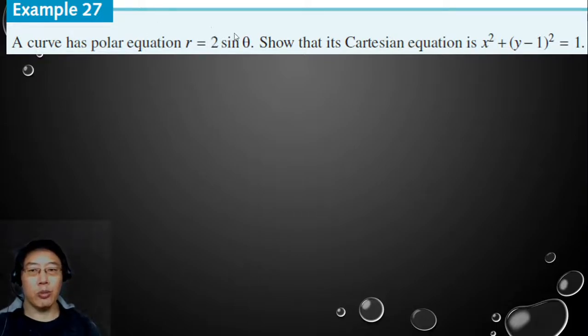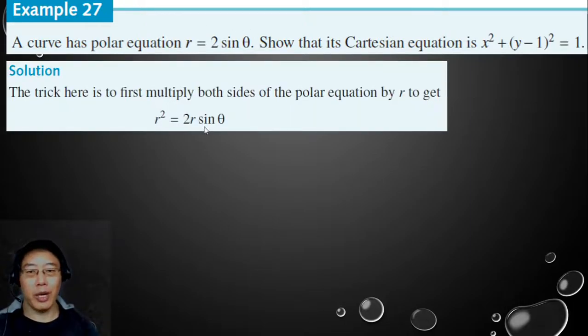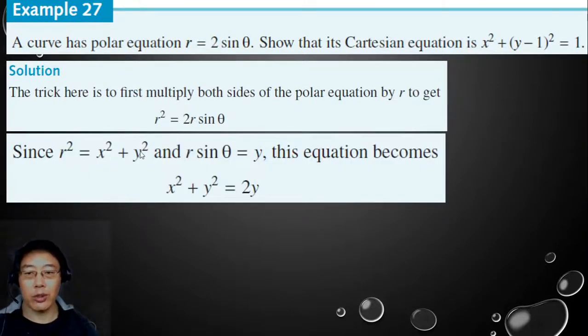Here is a little bit of algebraic manipulation. You have your polar equation. The trick here is you multiply both sides by r to reveal an r sine theta on the right hand side, which gives you your y. To get your r squared, you know from Pythagoras theorem, r squared is equal to x squared plus y squared. You substitute into your polar equation, so now you end up with an equation that only has Cartesian coordinates.